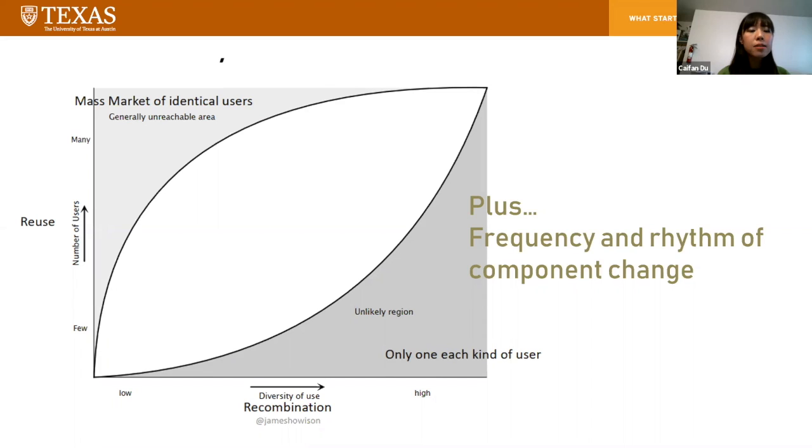And the bottom right, that is when the use contexts are very diverse, but each software assemblage only has one user. That is also a less likely scenario. So theoretically, we think all scientific software should be crowded in the wide almond area of this diagram.